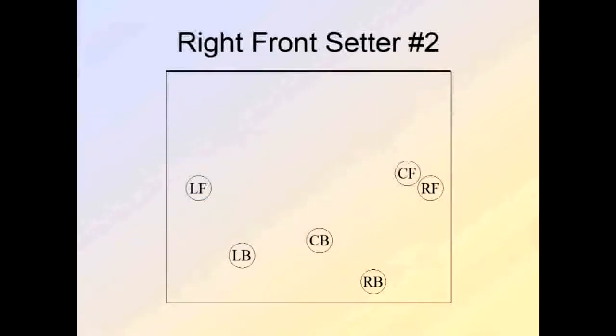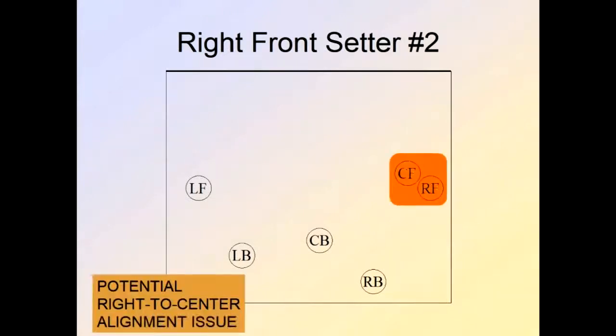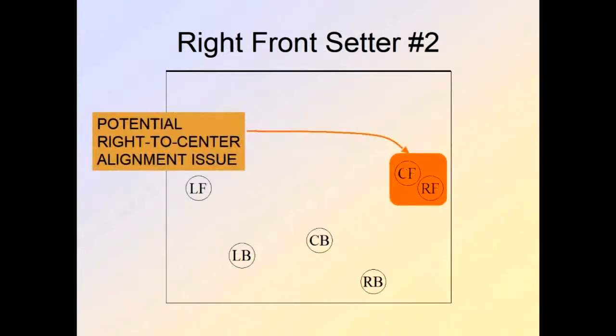As we look at this last slide for positioning of the right front setter, there is a potential right to center alignment issue with the center front and the right front. Remember, the setter has gone to the right front position and they are being hidden by the center front player who will become a passer in this position.